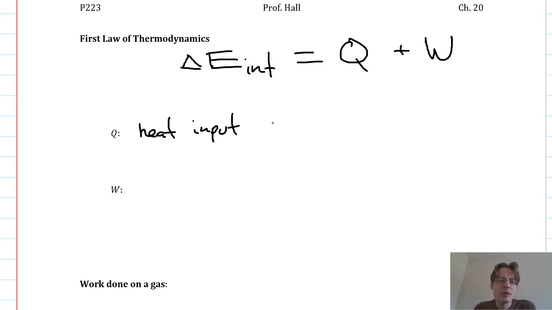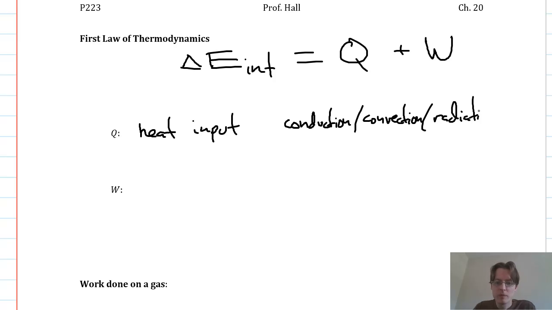We should remember the different forms of heat. There's conduction, convection, and radiation. Mainly, we'll be discussing radiation. It's the only form of heat that we'll discuss in detail.